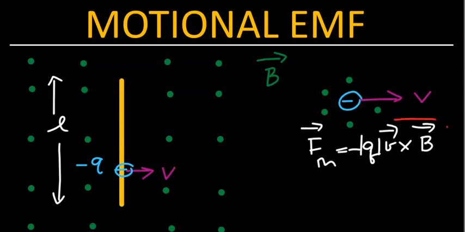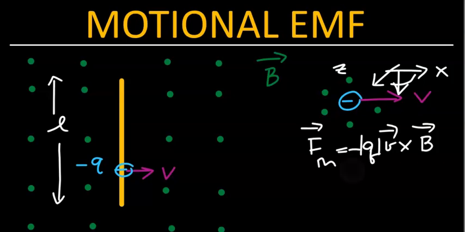Next, let's perform this cross product. If you assume that the direction of the velocity is along the x-axis and the magnetic field is coming out of the board, so that is along the z-axis, and as you curl your right hand fingers from the positive x-axis to the positive z-axis, you see that your right hand thumb will be pointing downward in the direction of negative y-axis.